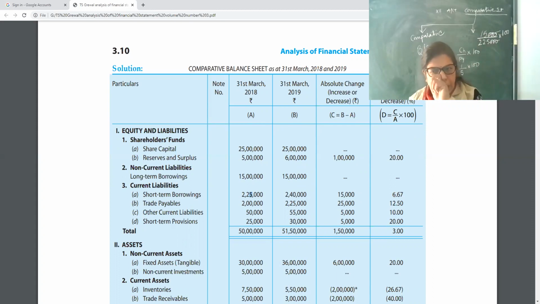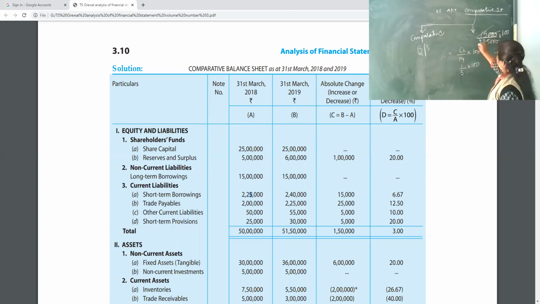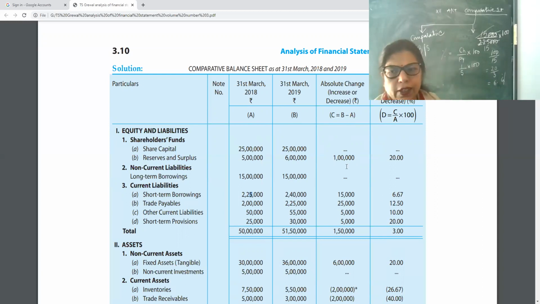Okay, now 15 ones are 15, 5s are, that will be 100 by 5, that will be 20 by 3, that is 6.6. Clear? So you have to use the same formula, change upon previous year into 100.